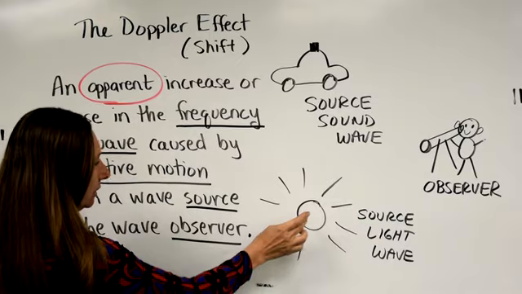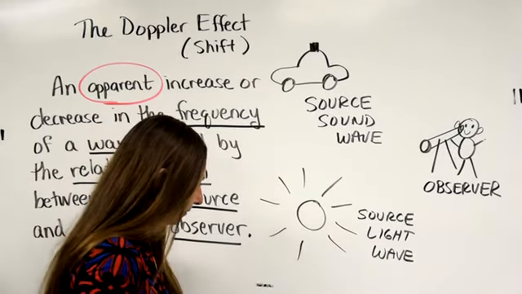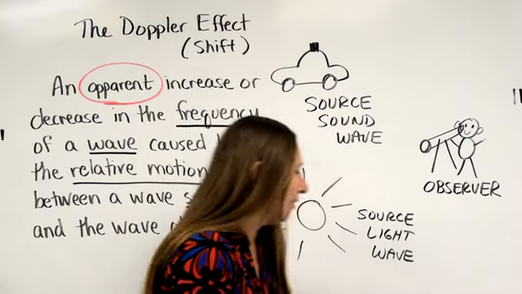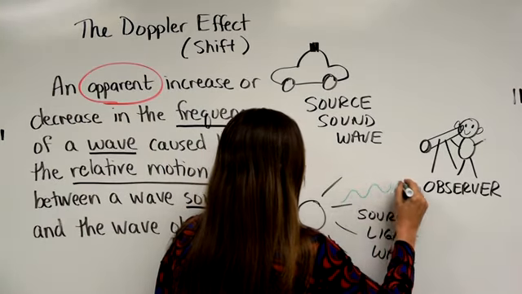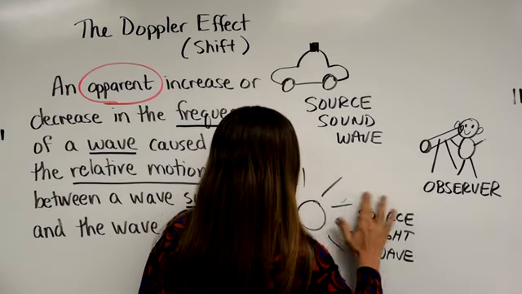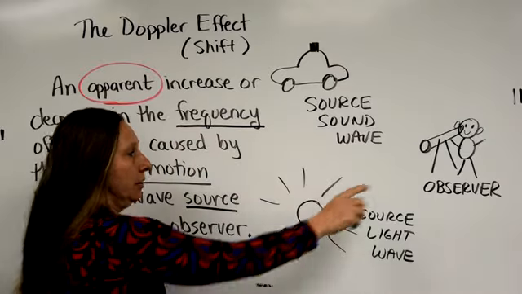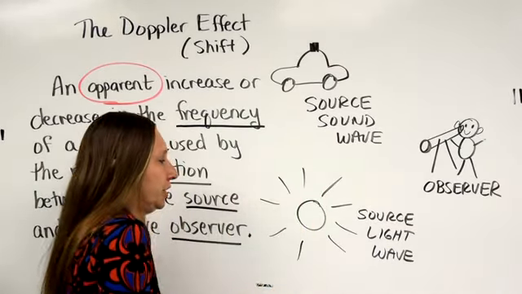Okay? And the same thing goes with the light. Let's say that the star is giving off, for example, green light. All right, that's the color the star is giving off. Now, let's say that the Earth is not moving, just for argument's sake.